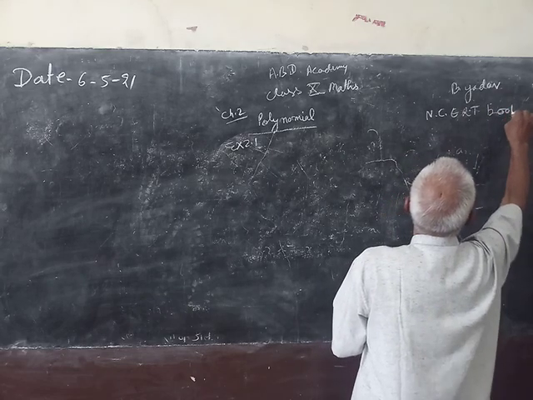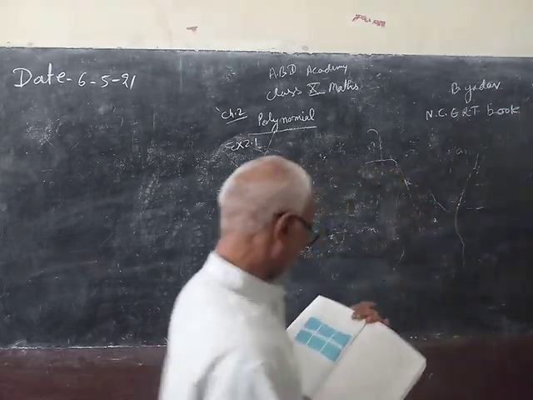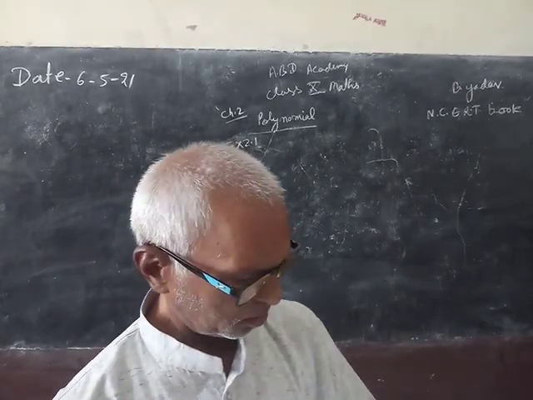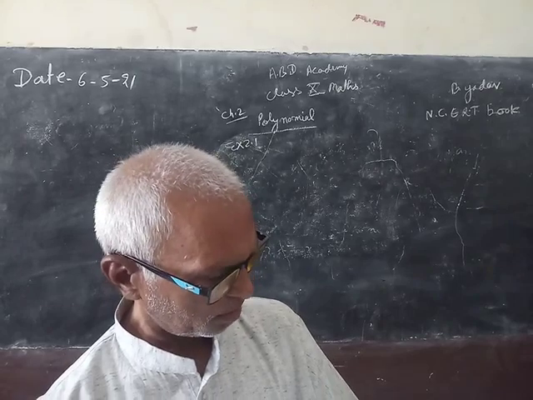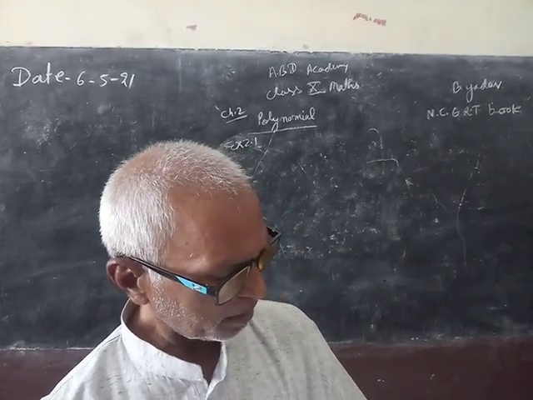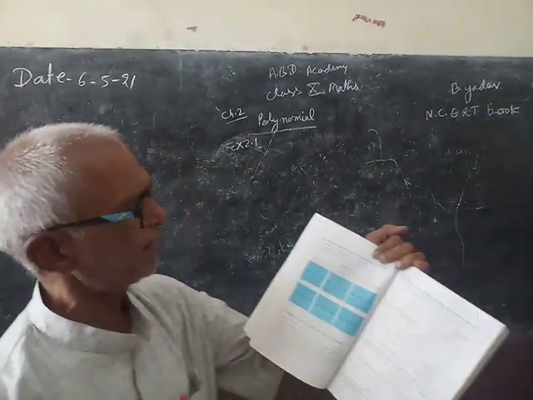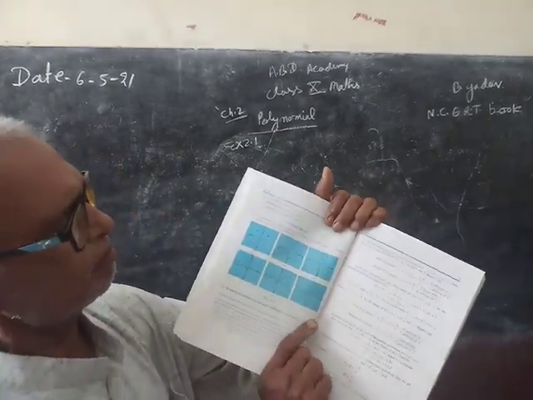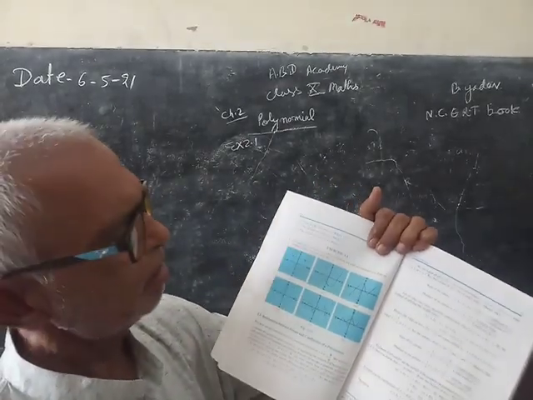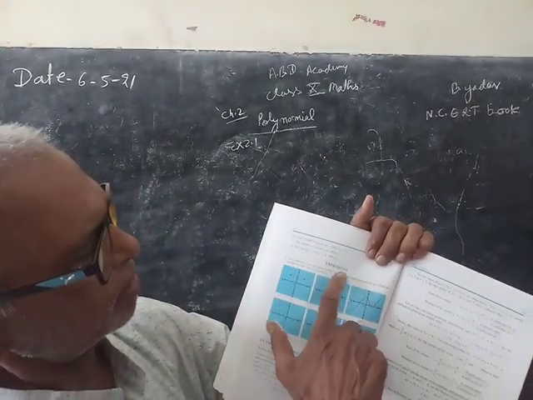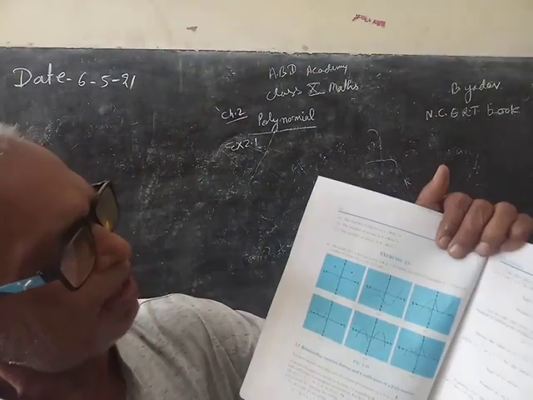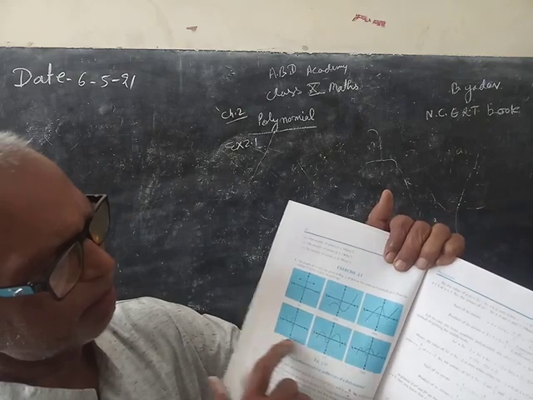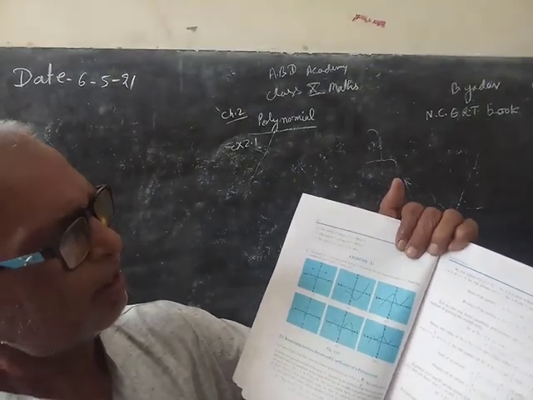In this book, exercise 2.1 has 6 parts in question 1, and graphs are plotted here. You can see here, I am putting this book before the camera. This is exercise 2.1, question 1. There are 6 parts of this graphical question.